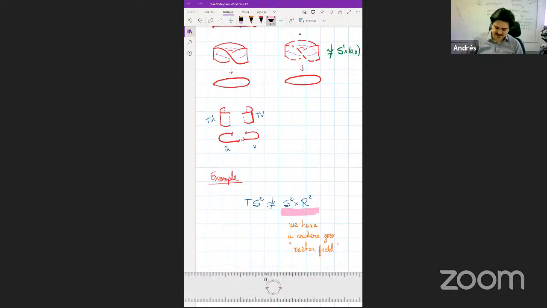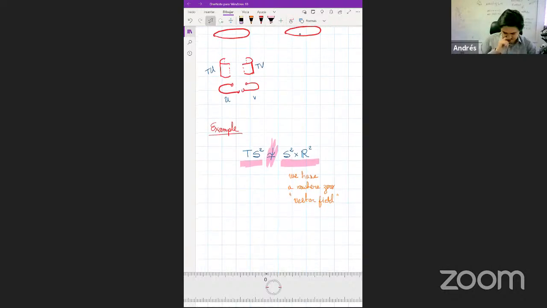So in that case, this is actually a vector field on this side. And that's the argument that one uses to show this.